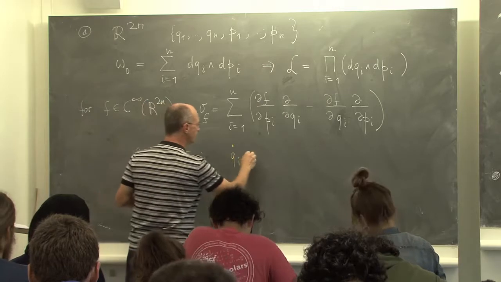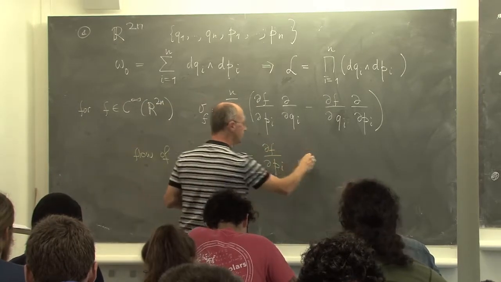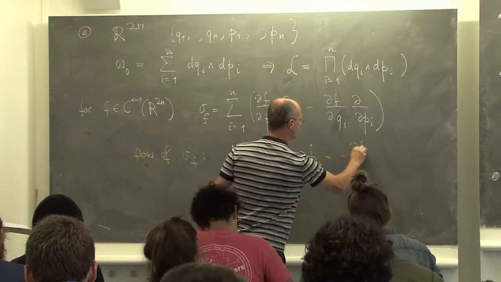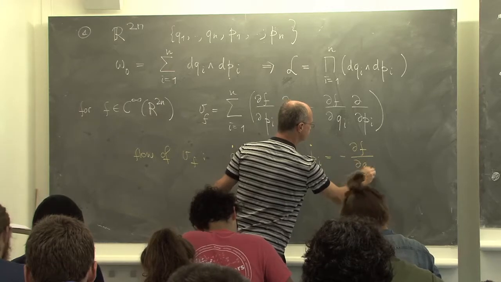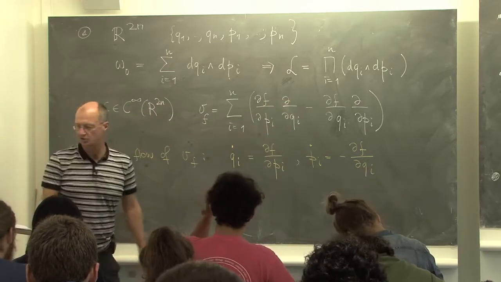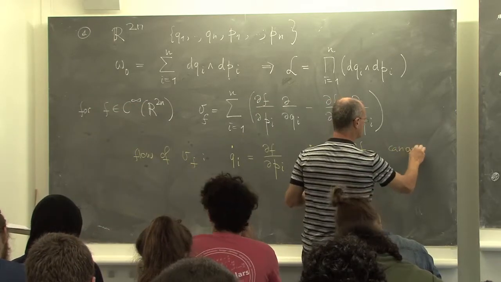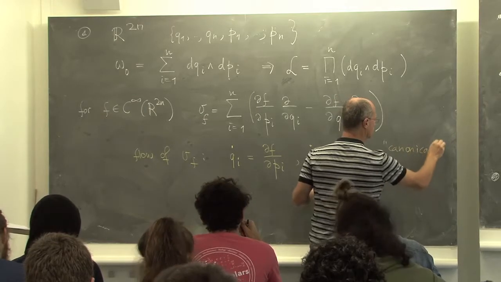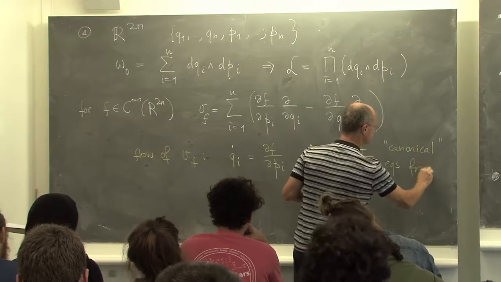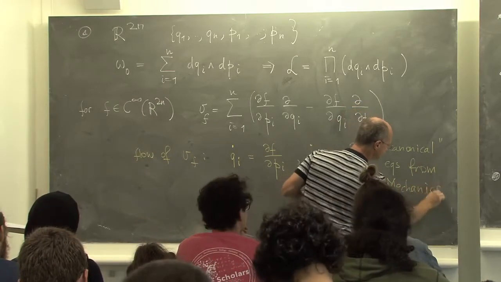So it will be q_i dot equals df over dp_i and p_i dot equals minus df over dq_i, and these should be the right canonical equations from mechanics.